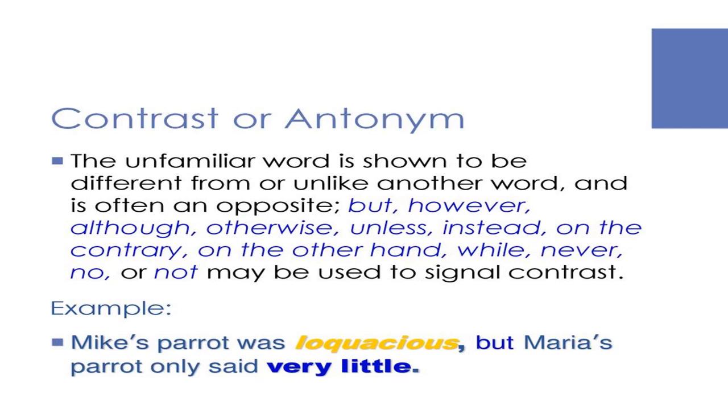What's after but says that the other parrot said only very little. So it must be that the other parrot talked too much or was talkative. So loquacious must mean talkative or talking a lot.